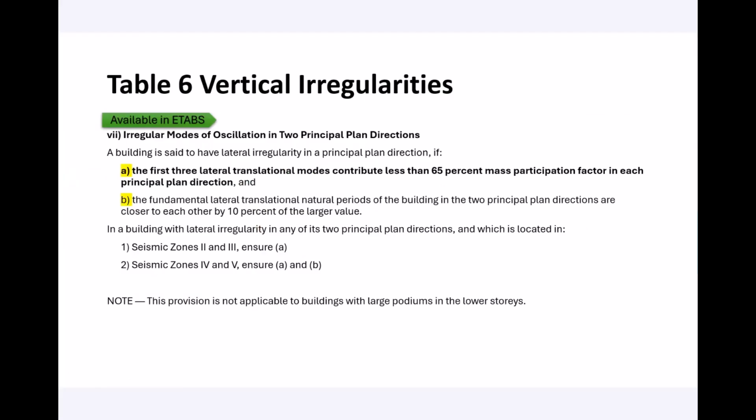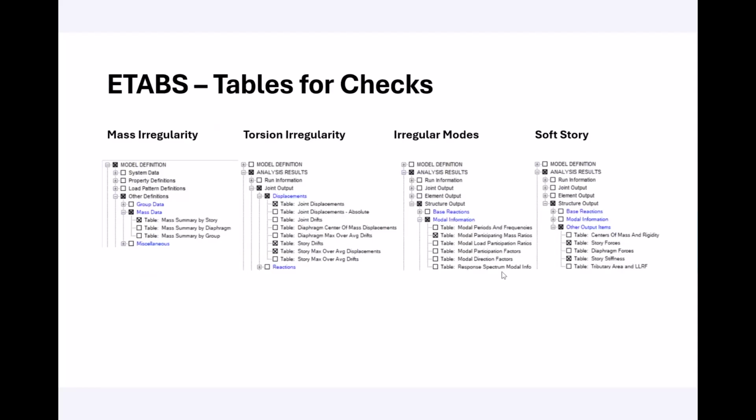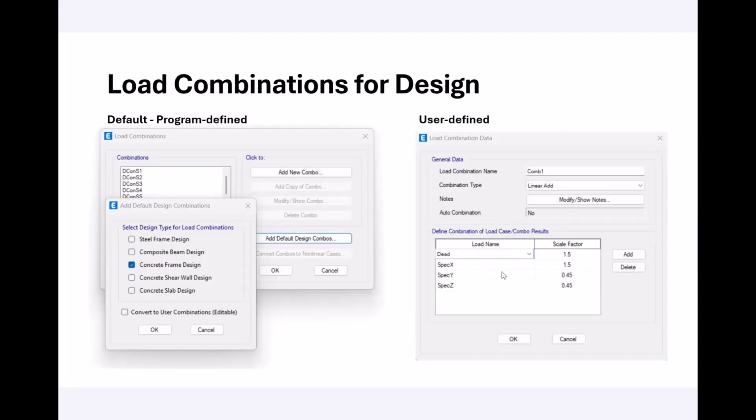So this is how vertical irregularities for the irregular modes can be checked. Now, just a quick summary of those items specific for irregularity checks. Modes and soft story are shown here.